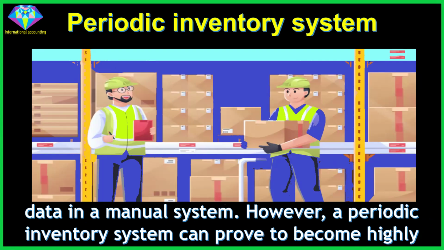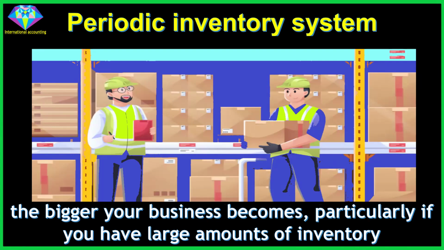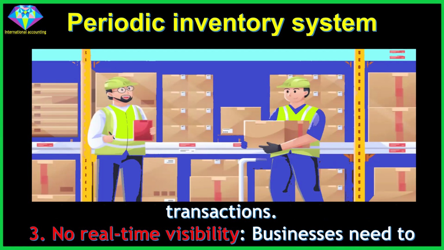However, a periodic inventory system can prove to become highly challenging as your business grows. Physical inventory counts are more labor-intensive the bigger your business becomes, particularly if you have large amounts of inventory transactions.